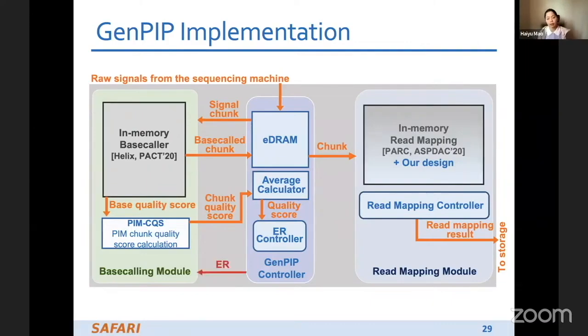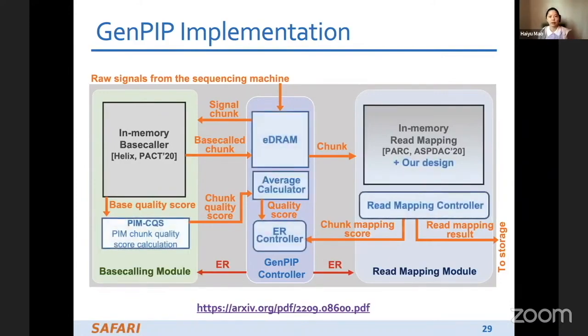If there's early rejection, we send the signals to the base calling module to end the current execution on the read. We also get the information from the read mapping module for the chunk mapping scores. If there's early rejection based on the chunk mapping score, we send the early rejection signal to both modules to terminate the execution of the current read.